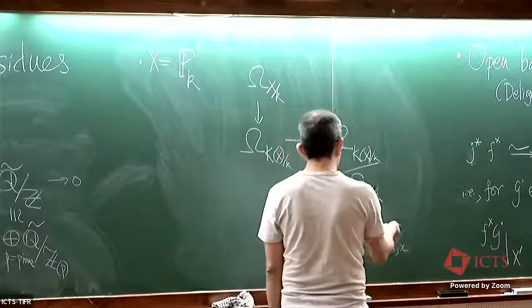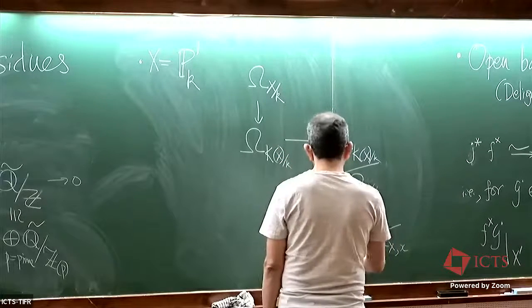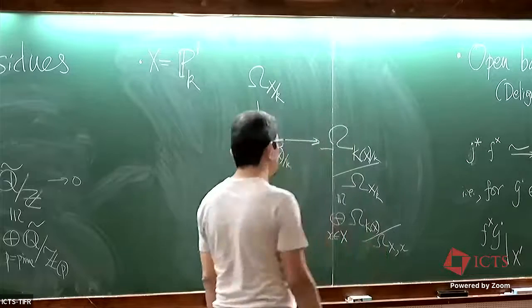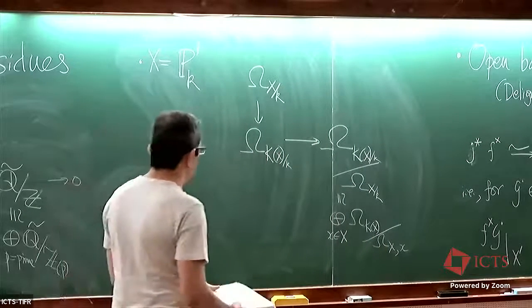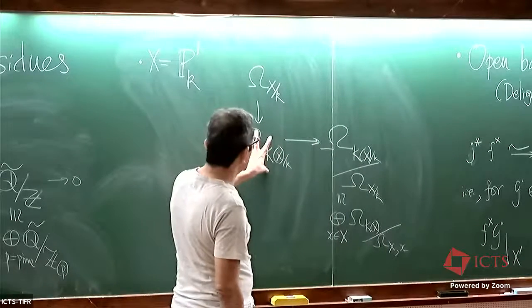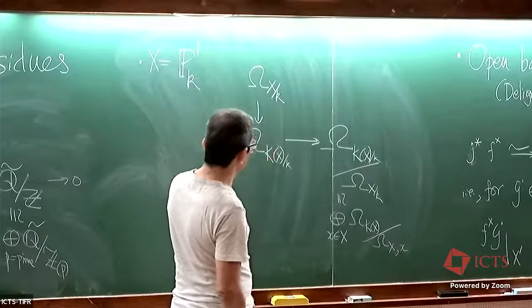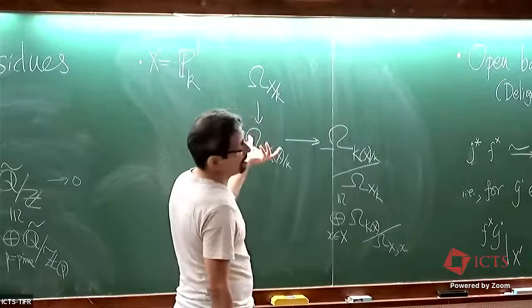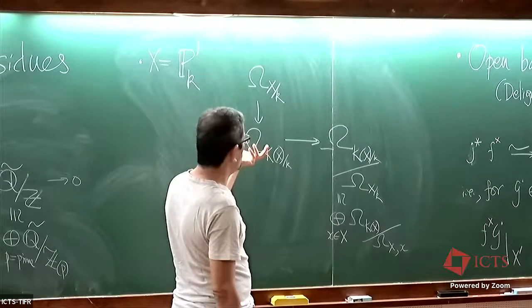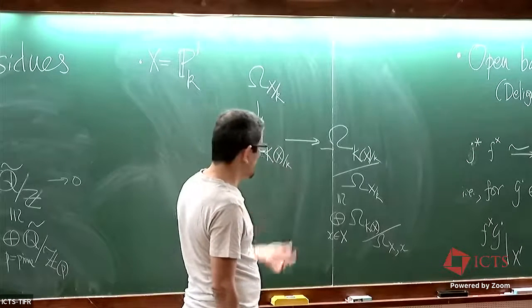By abuse of notation we will make sense of this. I'm switching between the sheaf and, simply, the module of differentials over the vector space K(x) over K.